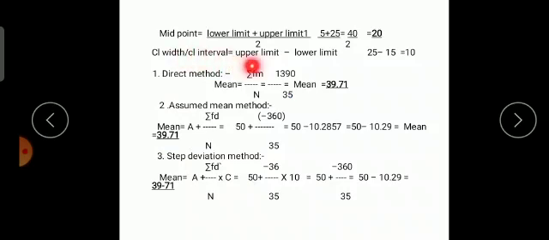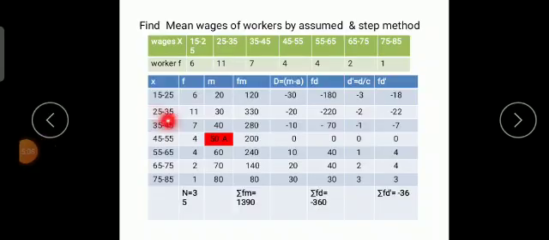Class width is the upper limit minus the lower limit. For the first class, 25 minus 15 is 10. Similarly, 35 minus 25 you will get as 10 only. So the common width of the class interval is 10.